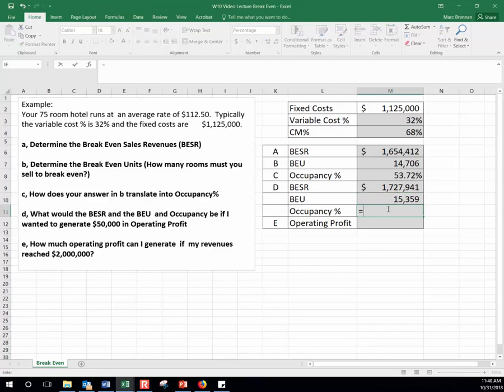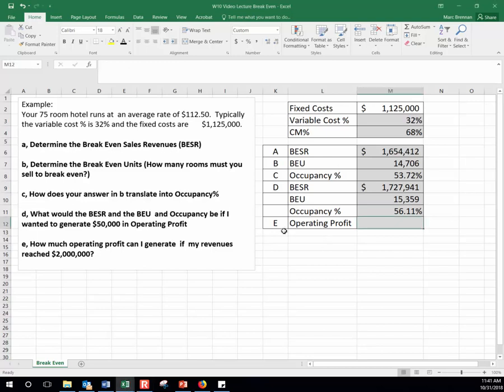And then we can start to discover what that means in occupancy. So we can divide that by our 75 rooms times 365 to find out the room nights available. So I need to have a 56% occupancy in order to achieve $50,000 in operating profit.